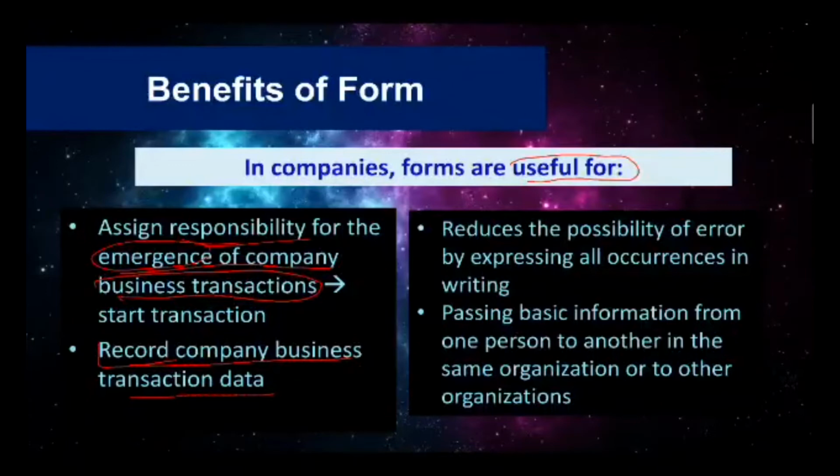And next, forms will reduce the possibility of error by expressing all occurrences in writing. It means that reducing the possibility is like an echo test.